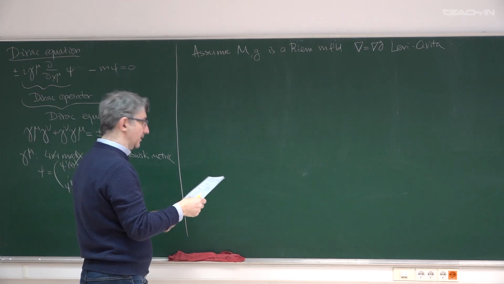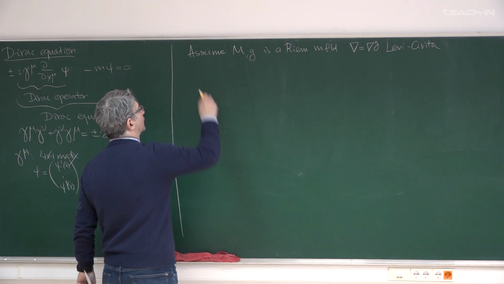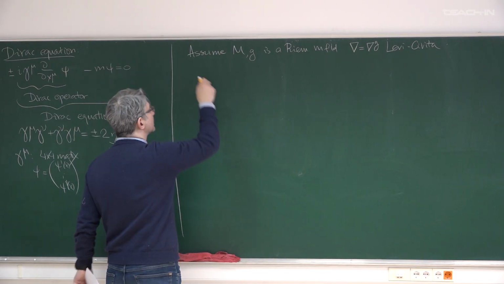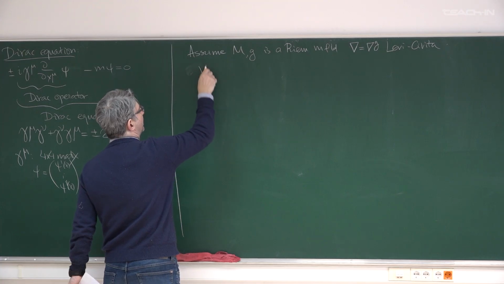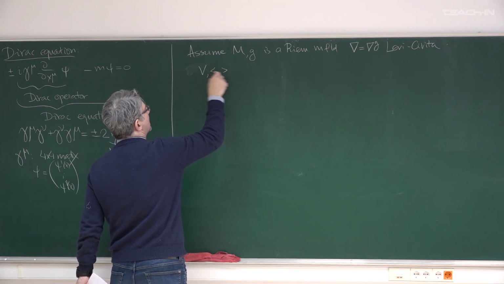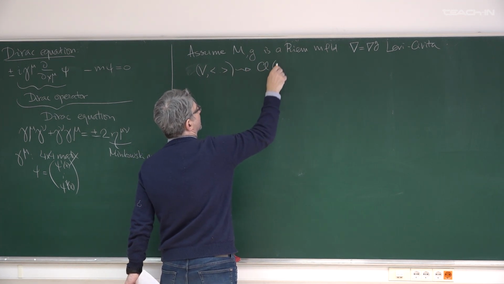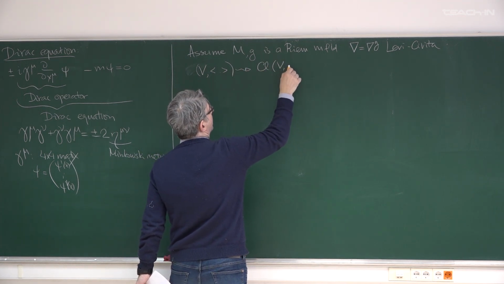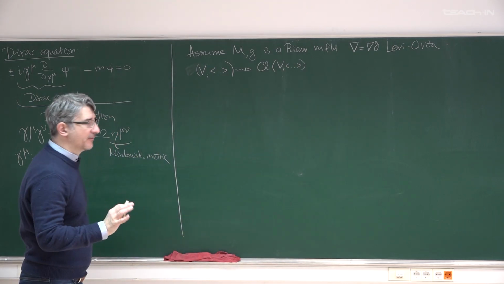What we can do with that? We can apply a construction. So how do we construct a Clifford algebra? We have a vector space and a scalar product on it. From that we construct the Clifford algebra. Assume we have an isometry.